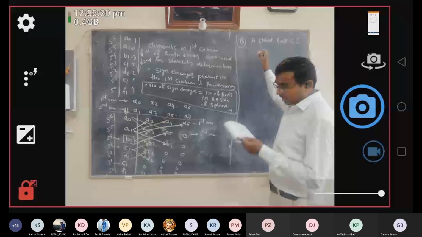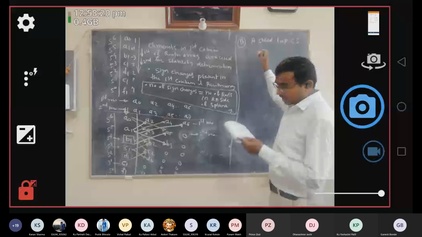So 3.16 into 1.5, then next comes 4.5 into 0 minus 4.5 into 0, divided by 3.16. So it comes to 1.5.